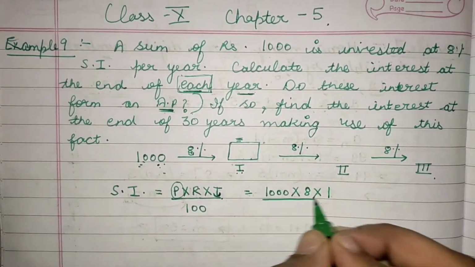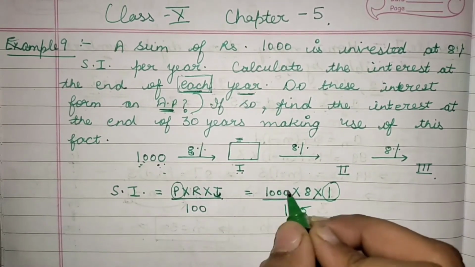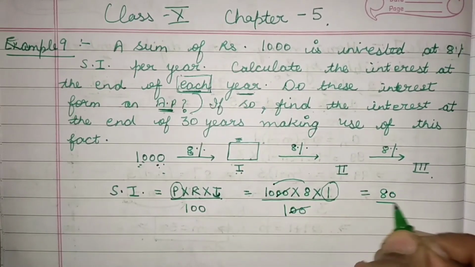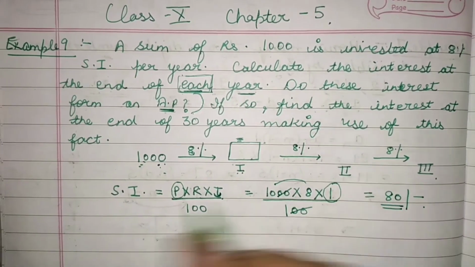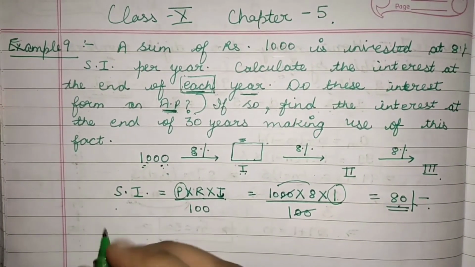So if I solve this value, 8 into 10 will be 80. So the simple interest after the end of each year will be 80.